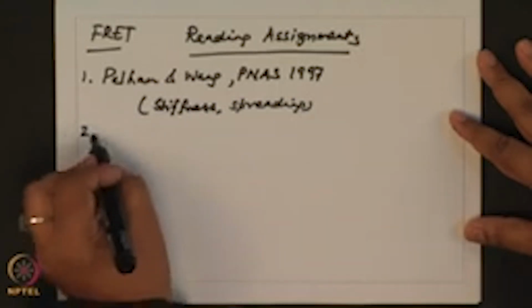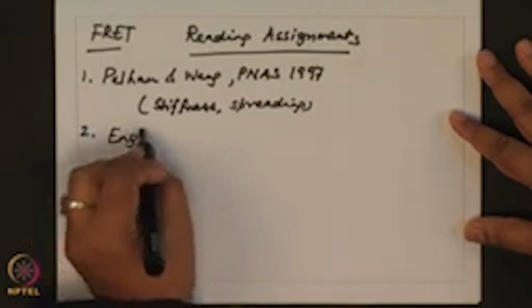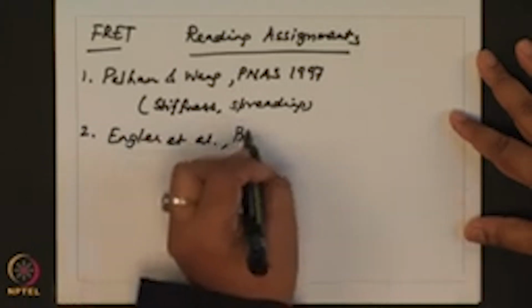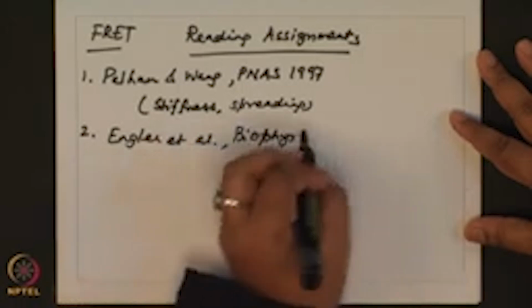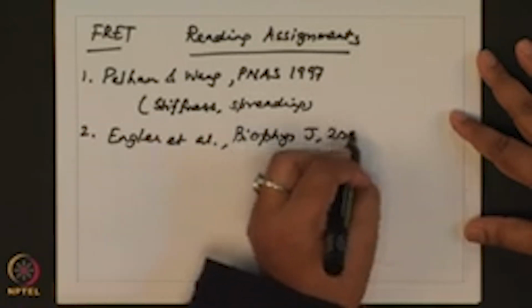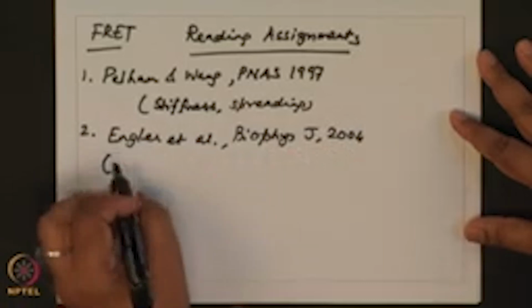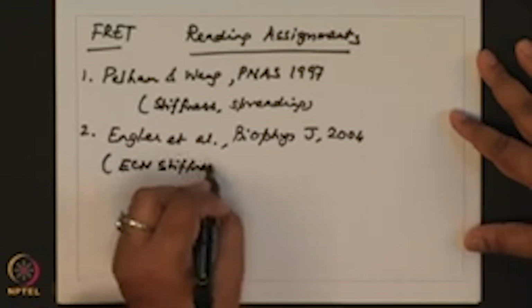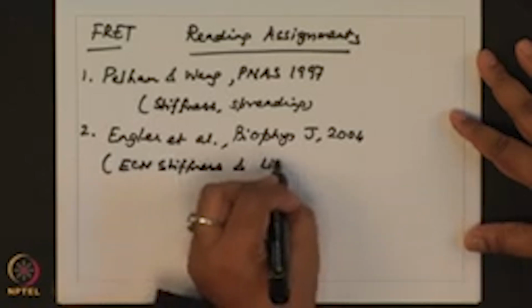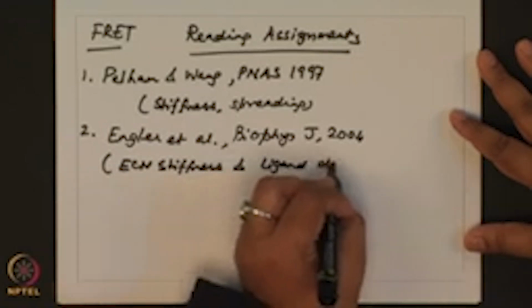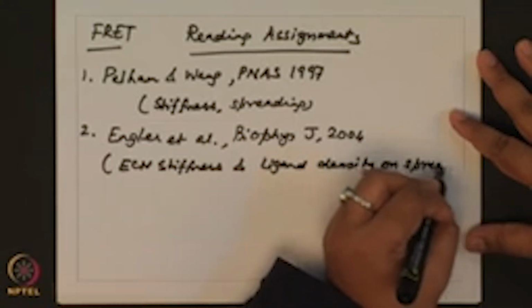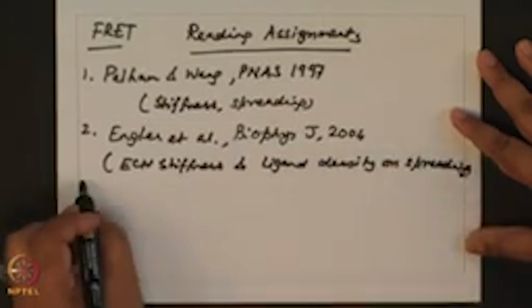The biophysical paper showed the collective influence of ECM stiffness and ligand density on spreading.